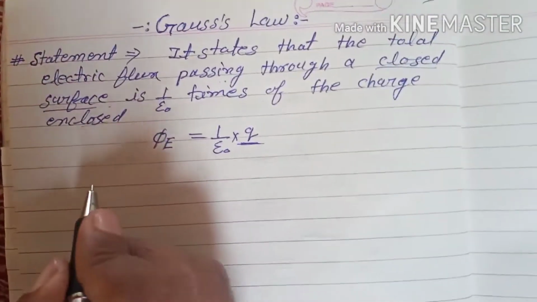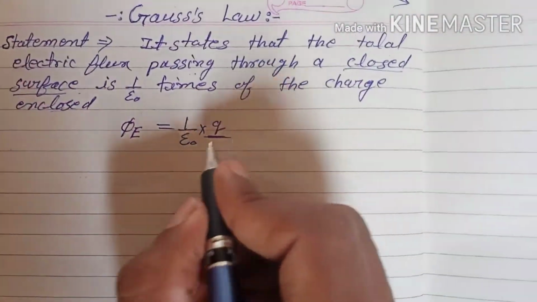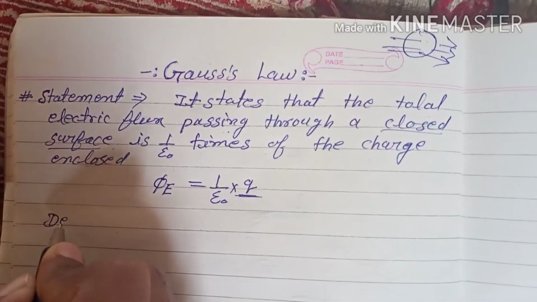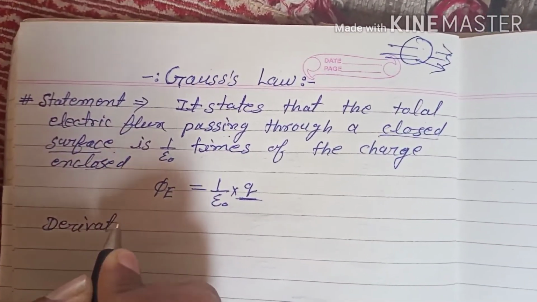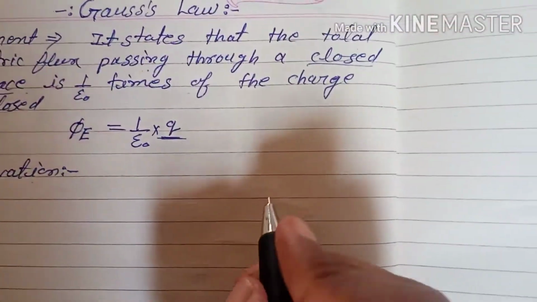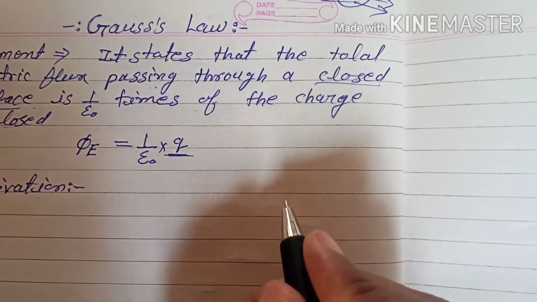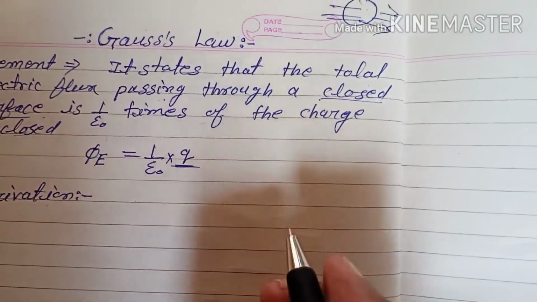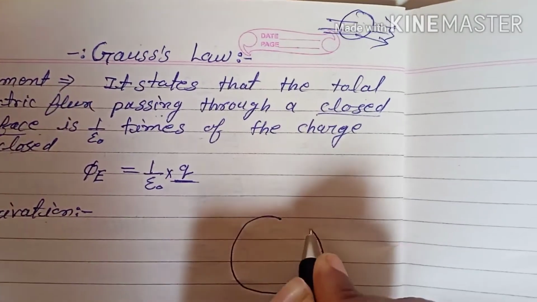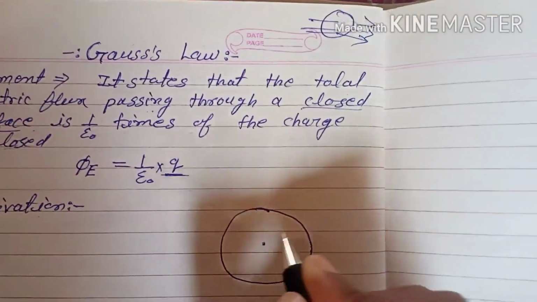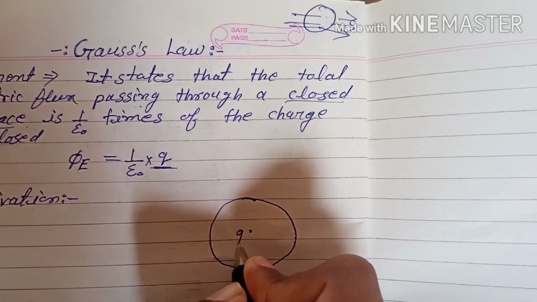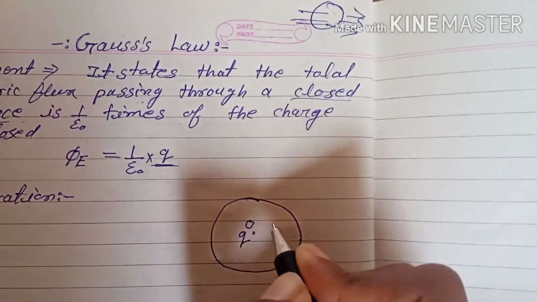Now we prove it. So we write the derivation. Let us consider a closed surface, a spherical surface. Consider a spherical surface with a charge Q placed at the point O. What is O?